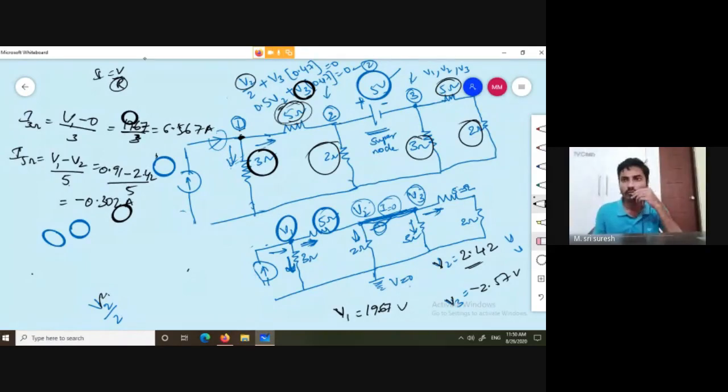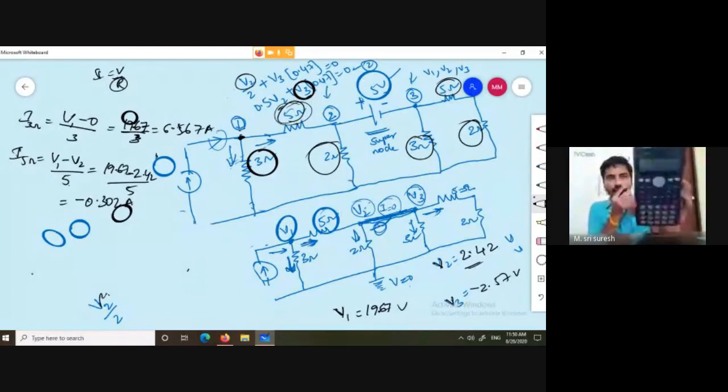Okay. 19.7 minus 2.4255, that is the I5. So I'm getting I at 5 ohms as 3.45 amperes.